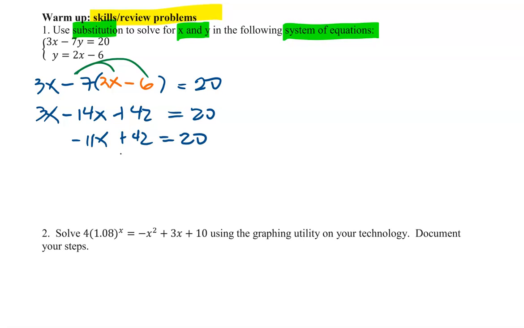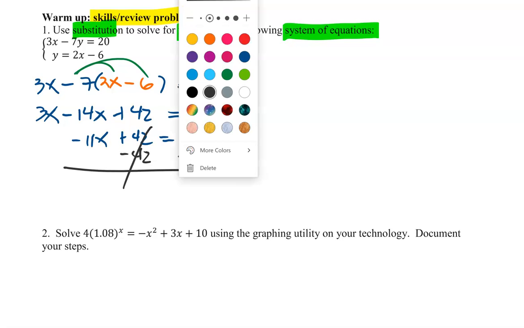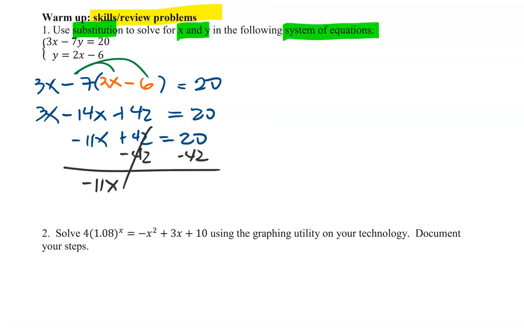Then we subtract 42 from both sides. So negative 11x is equal to 20 minus 42, negative 22. Then divide both sides by negative 11, so that our x is equal to 2.